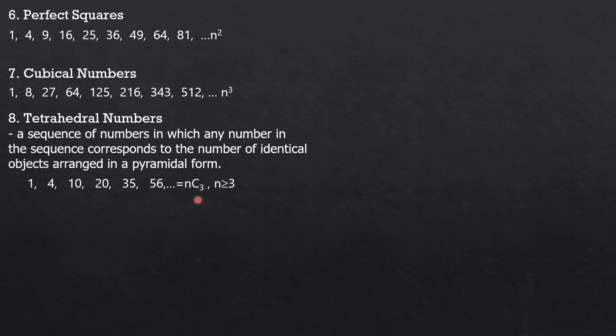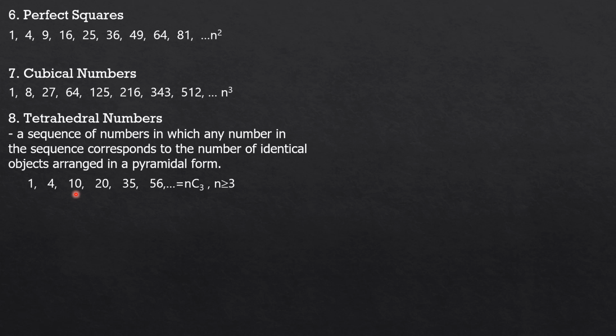And I derived a formula which is applicable only when n is greater than or equal to 3. So this is the first number. N is 3. For that case, 3 combination 3 using your calculator is 1. But take note, this is the first tetrahedral number, and I use 3 here instead of 1. So therefore, in general, the nth tetrahedral number will always be n plus 2.